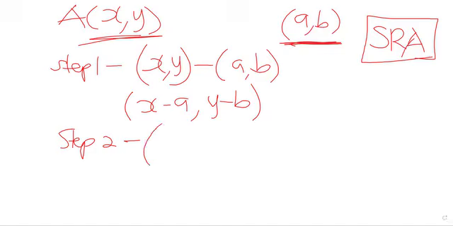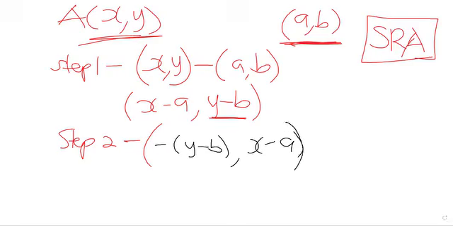So in that case, the y part will become negative. So negative of that y part, y minus b, comma, then the x part, which is x minus a, is the same thing. Right? So this is what you get at this point. I'll use numbers very soon, so don't worry.